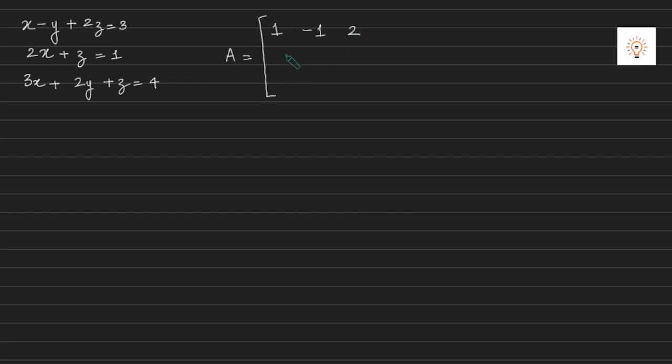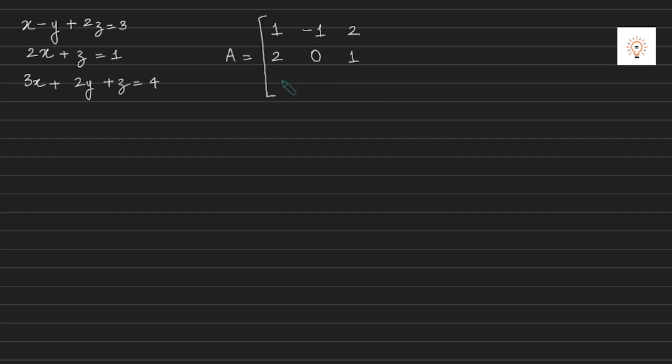In the second equation, the coefficient of x is 2, so it comes in the first column. There is no coefficient of y, so we put the coefficient of y as 0. Suppose a variable is missing, we need to put it as 0. And the coefficient of z is equal to 1. The coefficient of x in all the three equations will come in the first column, the coefficient of y in the second column, and the coefficient of z in the third column.